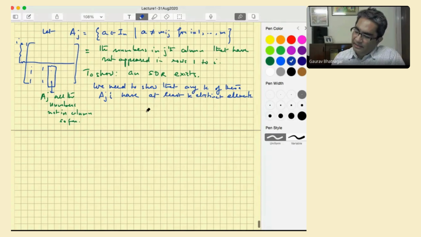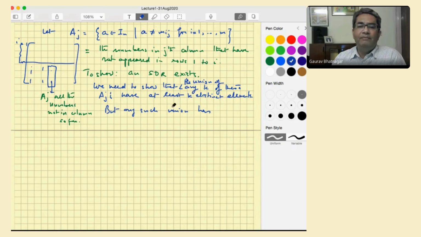So, show that the union of any k of them has at least k elements. But any such union has how many elements? Each of them has n minus k elements. Sorry, n minus m elements.